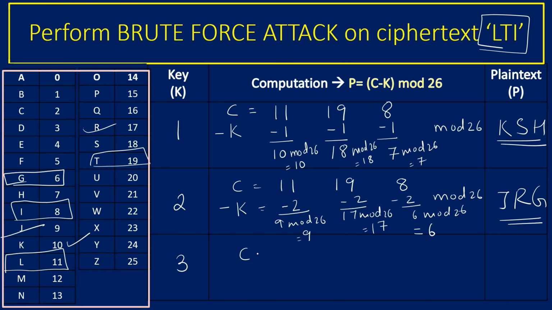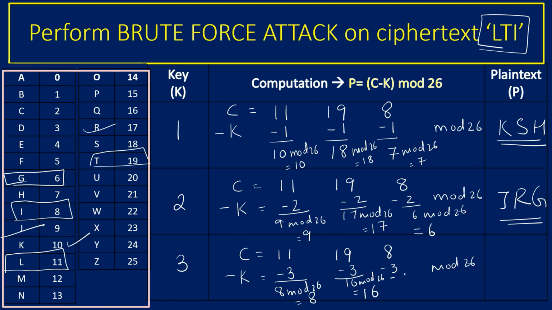Now again he takes the ciphertext numbers, that is 11, 19 and 8, and does a modular subtraction using the key 3, that is he subtracts 3 using mod 26. The result is 11 minus 3 is 8 mod 26 which is 8, 19 minus 3 is 16 mod 26 which is 16, and 8 minus 3 is 5 mod 26 which is 5.